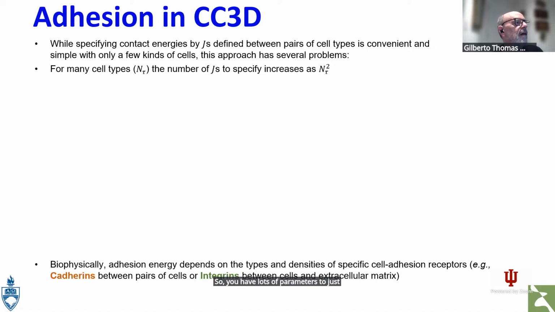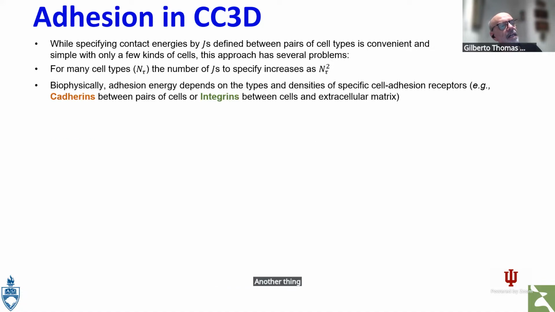Another thing, as I said before, in biology the adhesion depends on specific receptors between pairs of cells or between cells and extracellular matrix. Cadherins act among the cells, integrins between cells and the extracellular matrix in the environment.